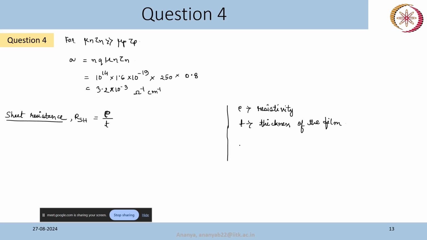Another expression: you know resistance R is equal to rho L by A, which is rho L by T into W, length and width.